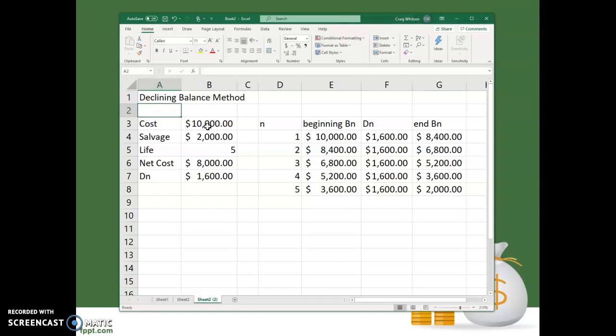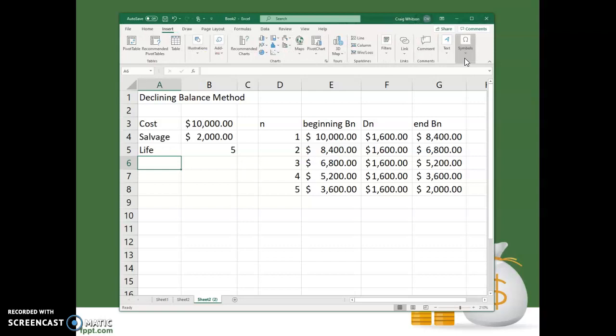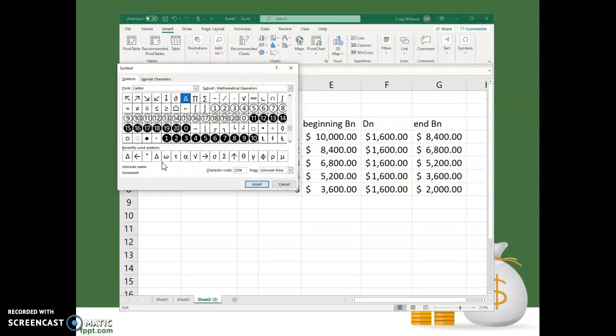So same values here: cost 10,000, salvage 2,000, life 5. So instead of having the same depreciation amount every year, what we want is to find out what this alpha value is. Let me insert a symbol alpha. There it is.